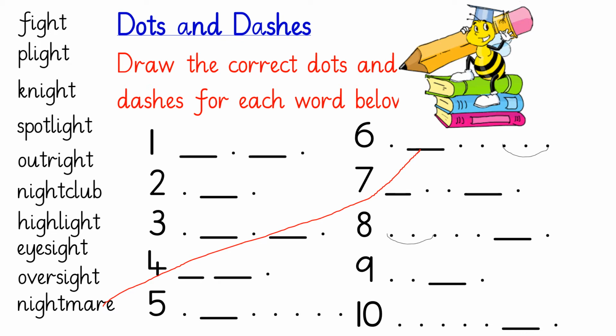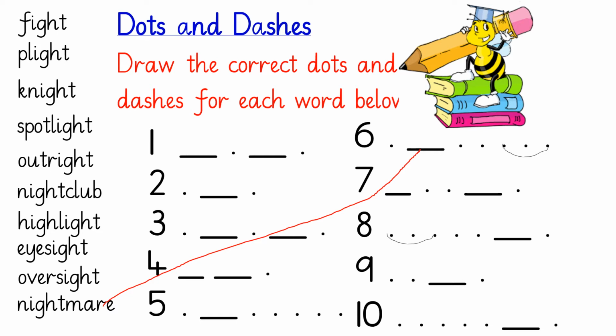However, that is not necessarily helpful. Although if we count the dots, we will notice that there are too many dots in number 8 for eyesight. But that isn't the reason.